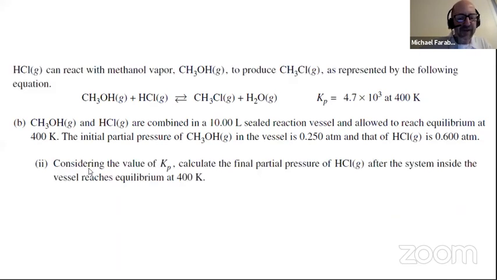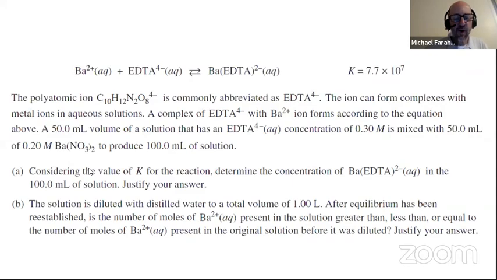All right, on to the next part. Considering the value of Kp, which is about 4,700 here, calculate the final partial pressure of HCl after the system inside the vessel reaches equilibrium. Now, I'd like there to be a little deja vu. If you guys have been watching these videos, we've talked about other examples like this. So this one was one I talked about before.